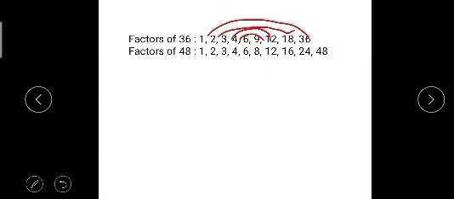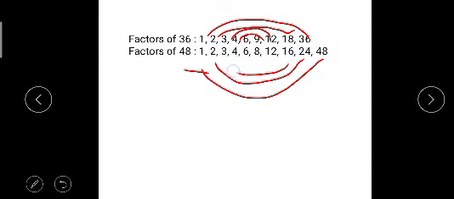now see the factors of 48. 1 is common, 1, 2, 24 twos are 48, 16 threes are 48, 12 fours are 48, and 6 eights are 48.